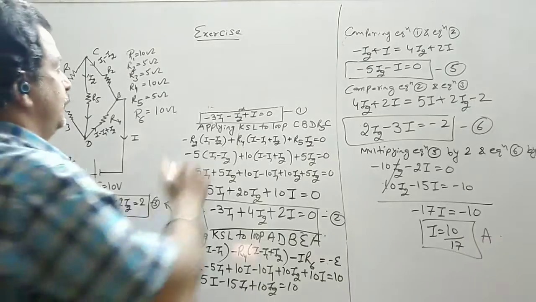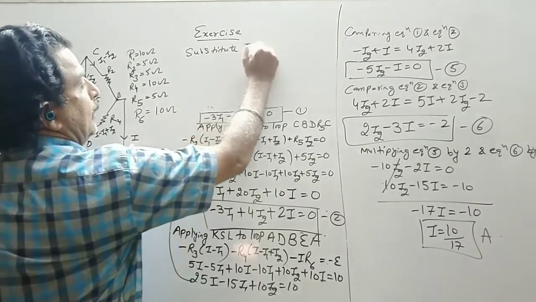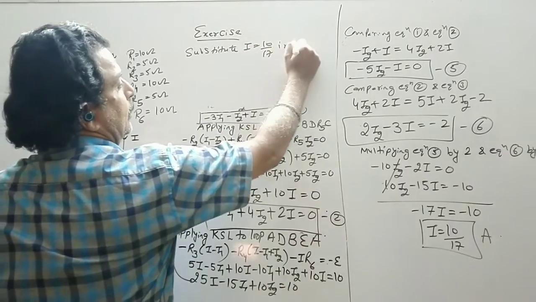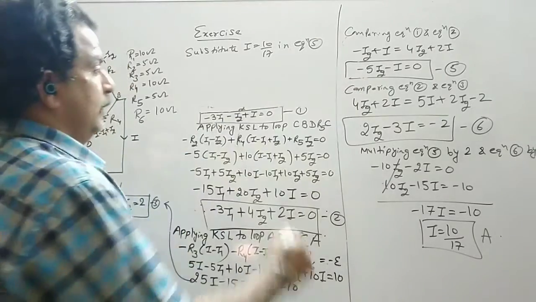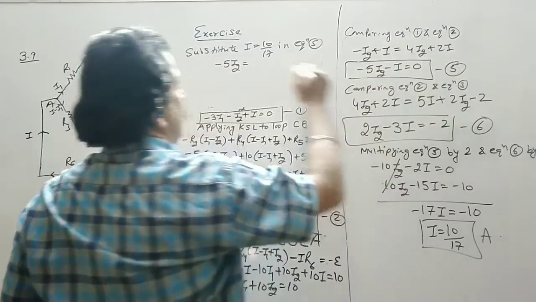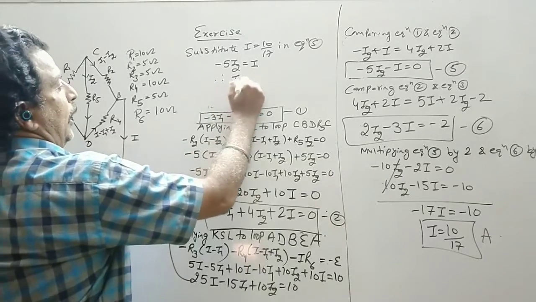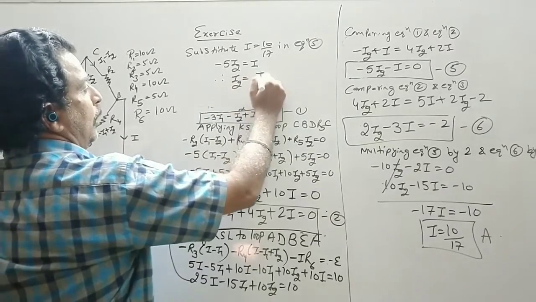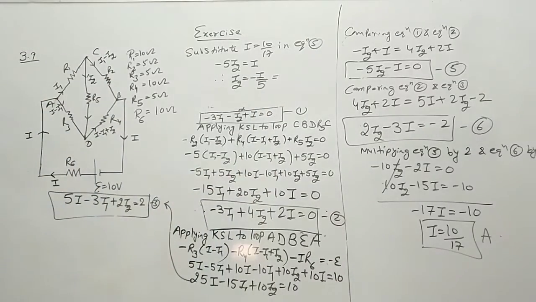So substitute I is equal to 10 by 17 in equation number 5. So minus 5I2 is equal to I, and therefore I2 is equal to I upon minus 5, that is equal to minus 10 upon 17 into 5. So I2 comes out to be negative.